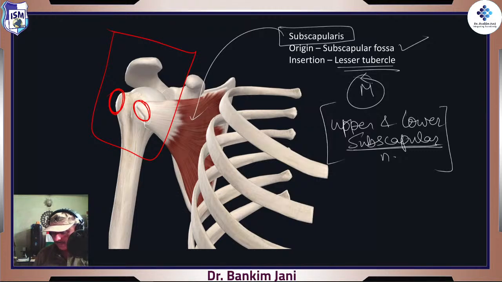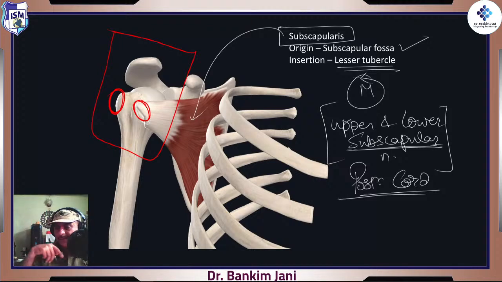And now from where are these upper and lower subscapular nerves, immediately you'll say that yes, this is from the posterior cord, right? The posterior cord which was giving 3 branches: upper subscapular, lower subscapular, and then there was one coming in between, and that was thoracodorsal, right? So that way indirectly you have remembered the thoracodorsal also. Excellent.